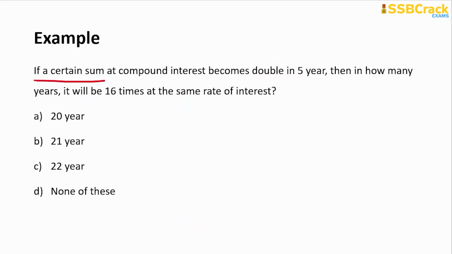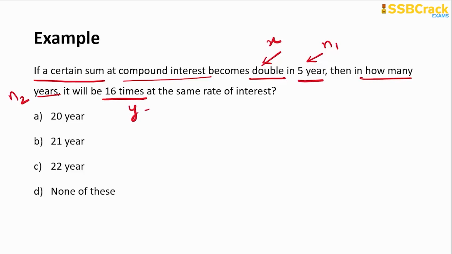If a certain sum at compound interest becomes double, meaning x times, in 5 years, so this is n1. Then in how many years, they ask you about n2, will it be 16 times, meaning y is given to be 16, at the same rate of interest? Got the point?